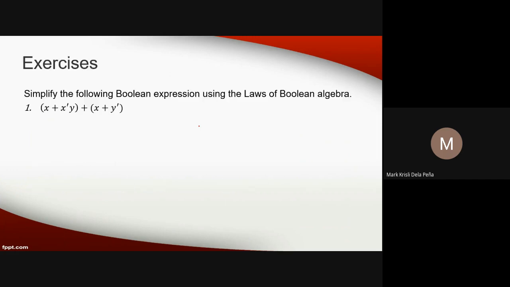These laws, just like the laws of equivalence, are used in simplifying expressions. In logic, we use laws of equivalence to simplify compound statements. Also in Boolean algebra, we use them to simplify expressions. For example, this one. How would you simplify this Boolean expression?